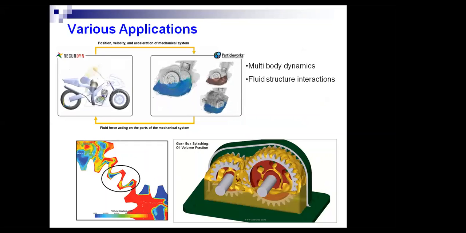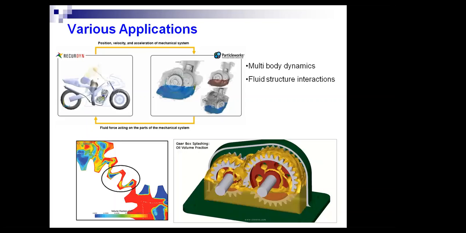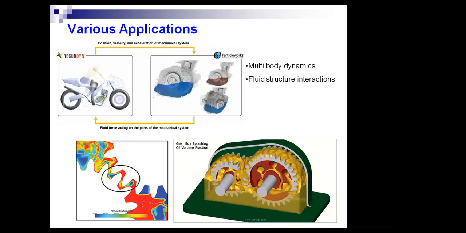These lubrication systems are very important to understand how the lubrication is happening within a system, because the lubrication system is basically used for reducing the friction between two or multiple contact components, as well as for taking away or dissipating the heat from the components of the system. So understanding the lubrication is very important in such applications.